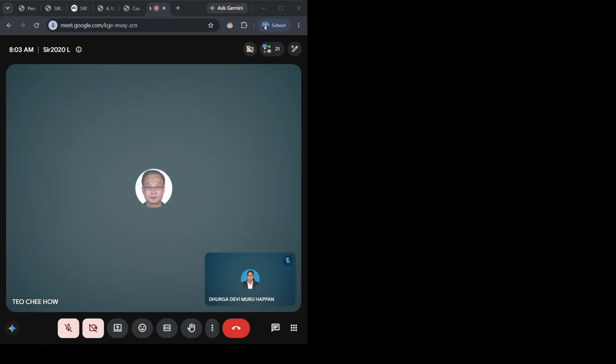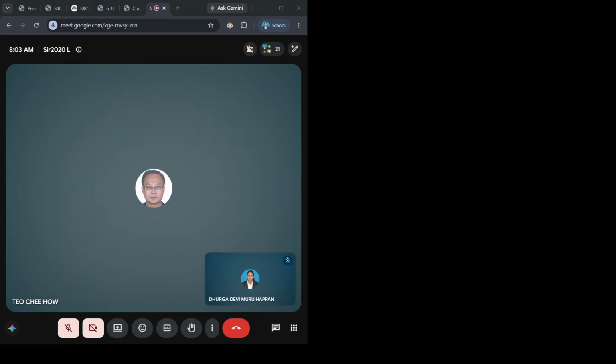Is it your network issue or what? I think it's my network issue, because when I come to UM then I can use it already. Oh, okay. Usually I can log in from here quite easily.